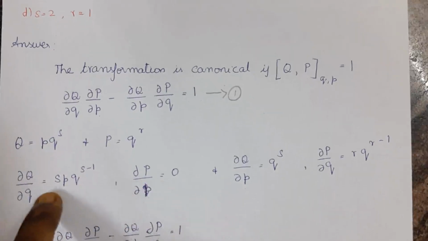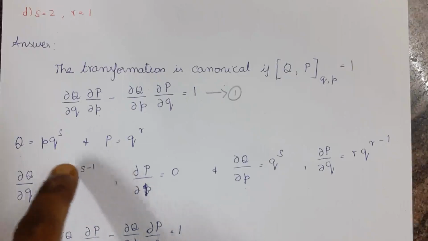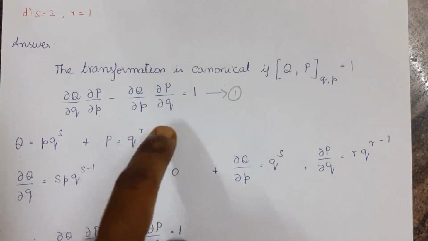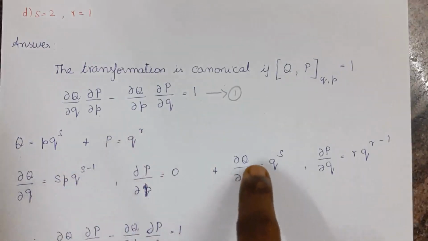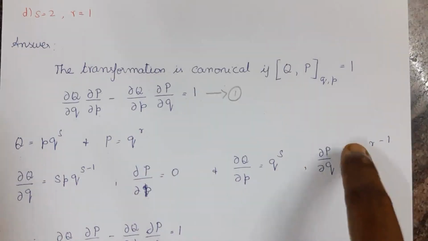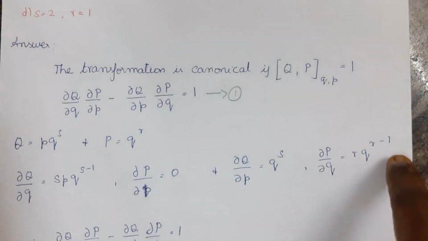We will be getting s p into q power s minus 1. And similarly for P, the partial derivative of P with respect to p is 0, as it doesn't contain any p term in it. Now we will find the partial derivative of Q with respect to p. That will be q power s, and the partial derivative of P with respect to q is equal to r q power r minus 1.